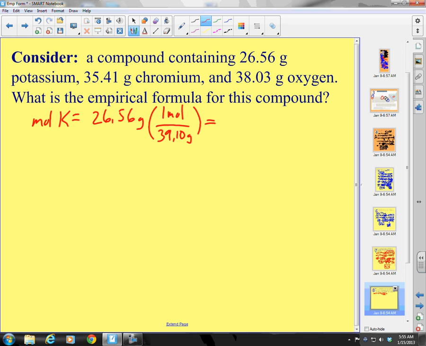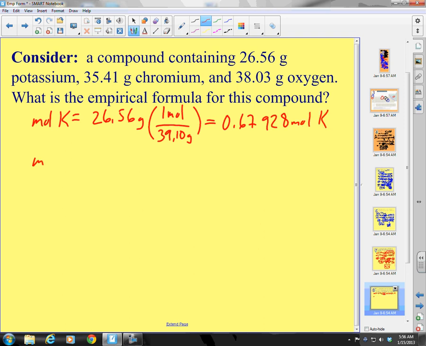So what do I get? 26.56 divided by 39.10, and I get 0.6792928 moles of K. Good.